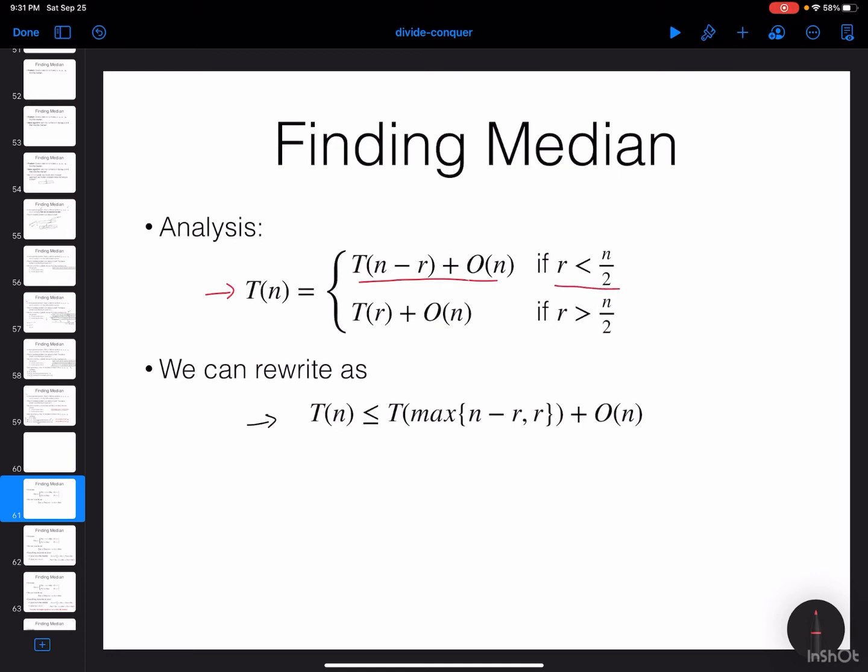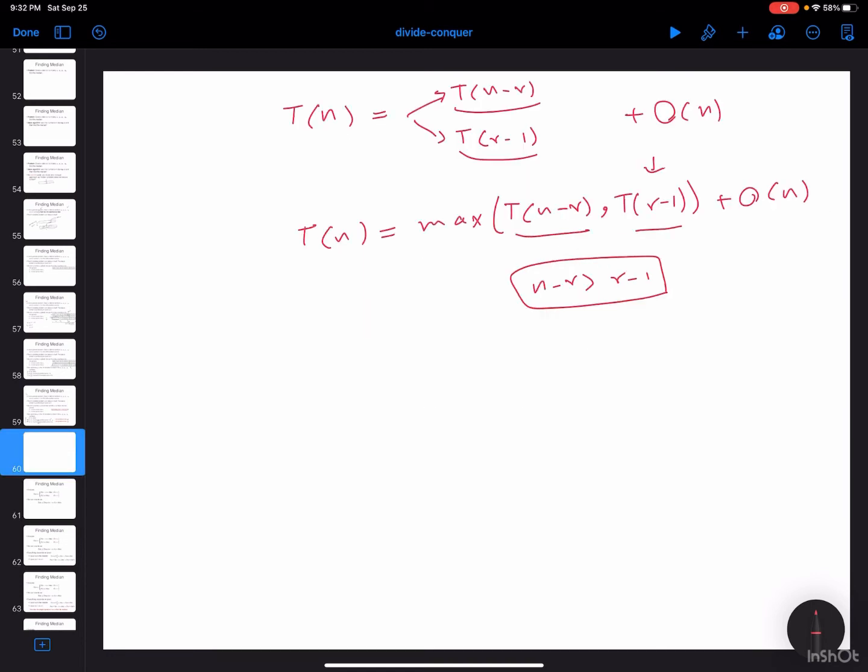And I think it's clear here that if r is less than n divided by 2, you can conclude that n minus r is going to be bigger than r, right? This problem size is going to be bigger, so that's why I wrote t of n minus r if the value of r is less than n divided by 2. If the value of r is greater than n divided by 2, then the other subproblem is going to be bigger.